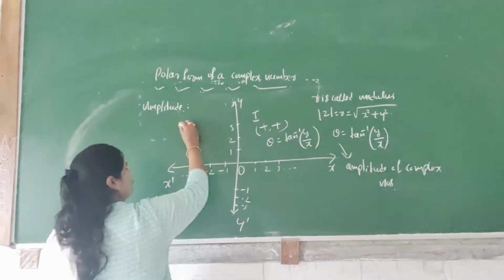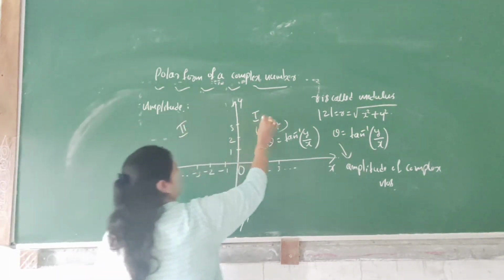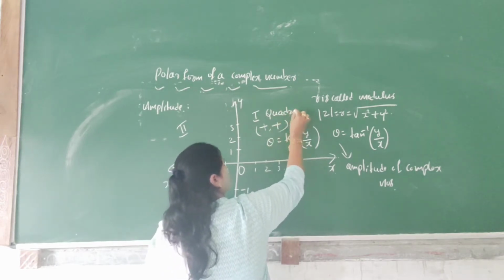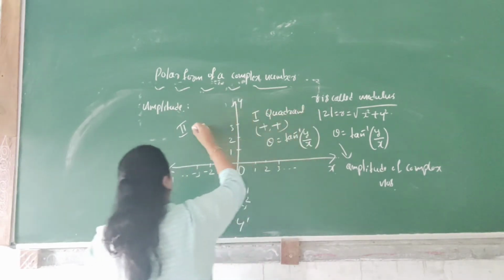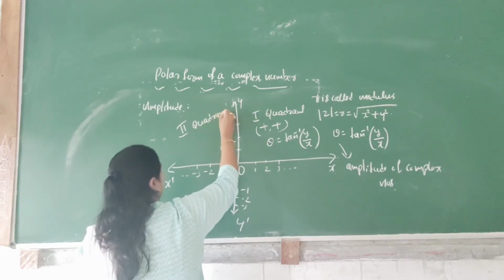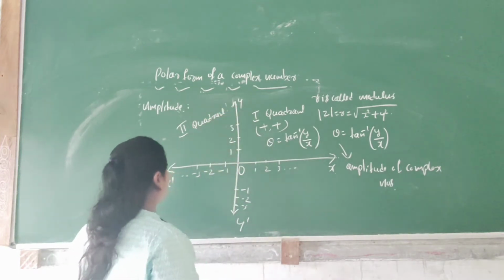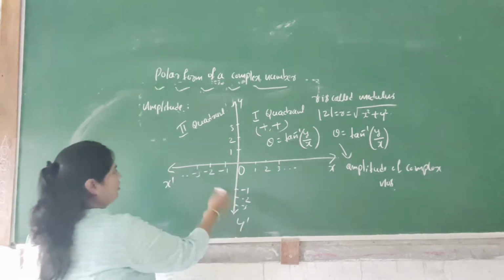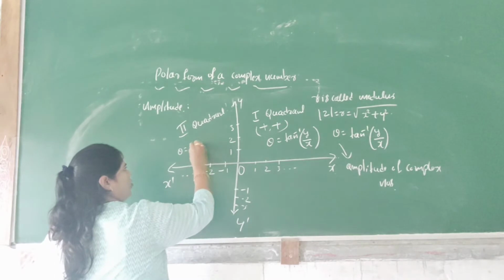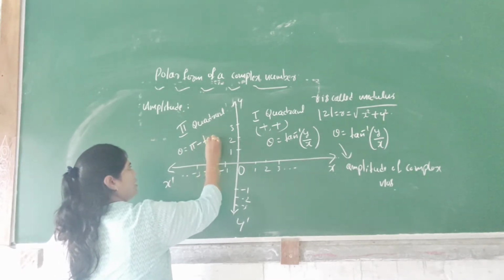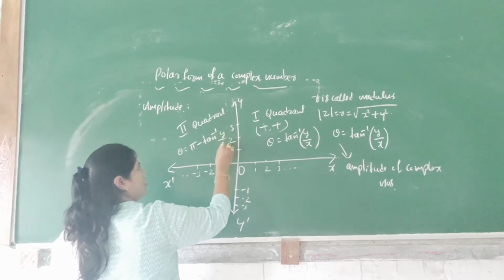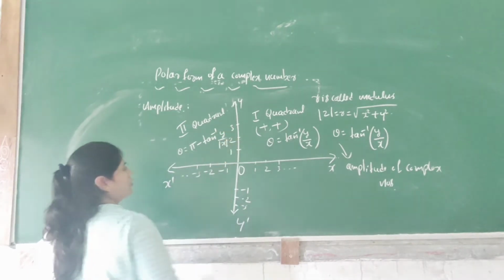So, what is in the second quadrant? First quadrant. This one is the second quadrant. So first we have to write the x-axis now. If it is in 180 degrees, theta is equal to pi minus tan inverse of y divided by modulus of x.